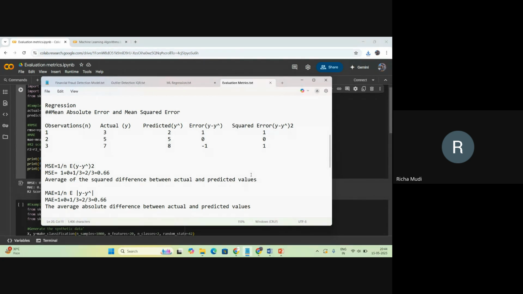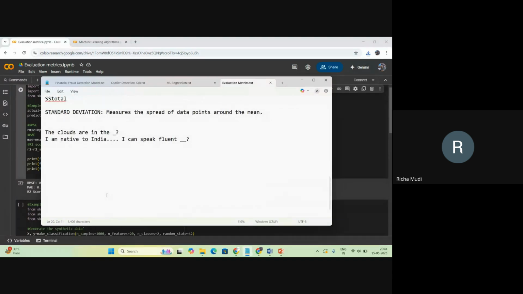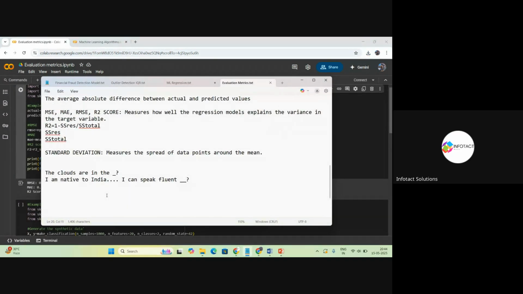So 1 plus 0 minus 1 divided by 3, is that the MAE? Listen, when the magnitude is removed, that minus will become plus, because of the mod. Okay. Thank you, sir. I hope all of you are getting it.